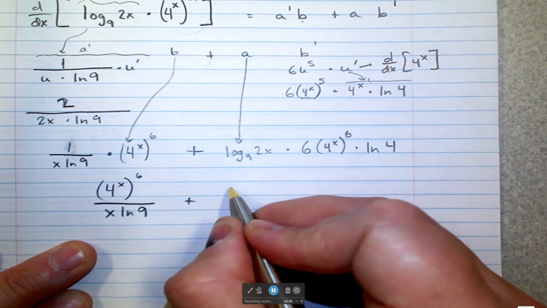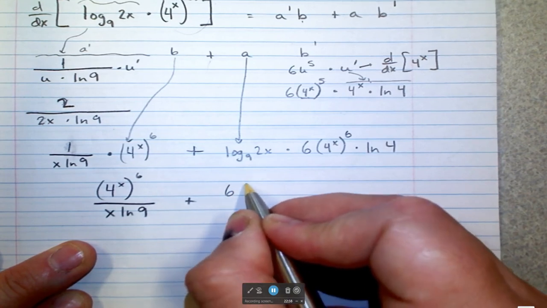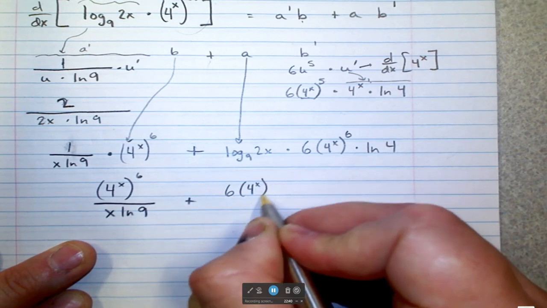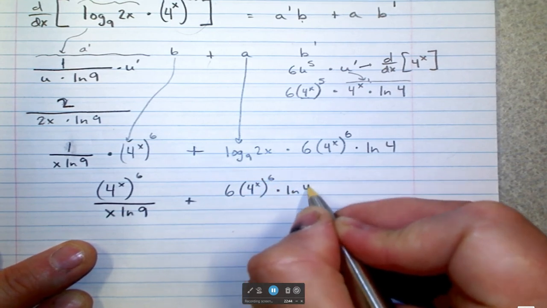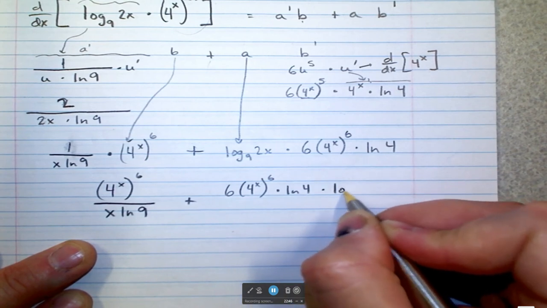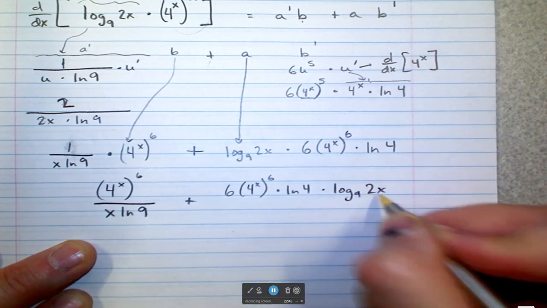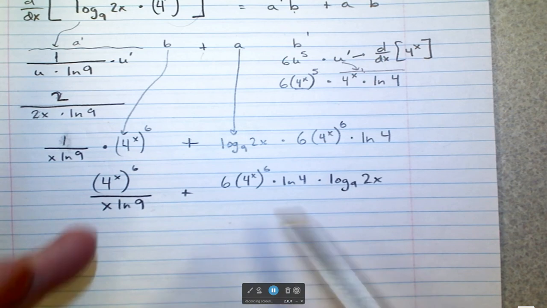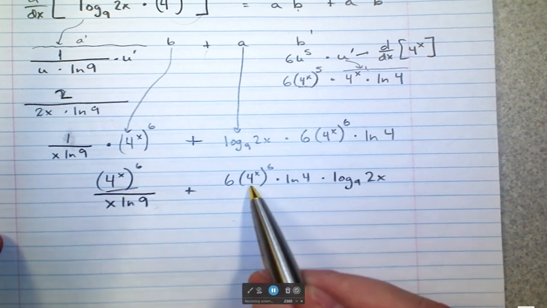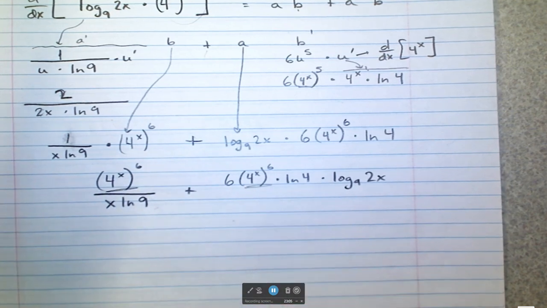So I'm going to have 6, 4 to the x to the 6th times the natural log of 4 times log 9 of 2x. And that doesn't have any denominator at all. So then what? Well, we could combine these two by multiplying by that. We could factor out this common factor, which I'm going to do.